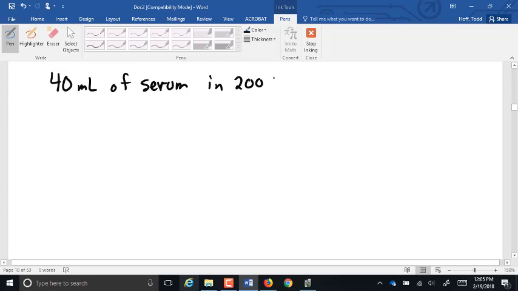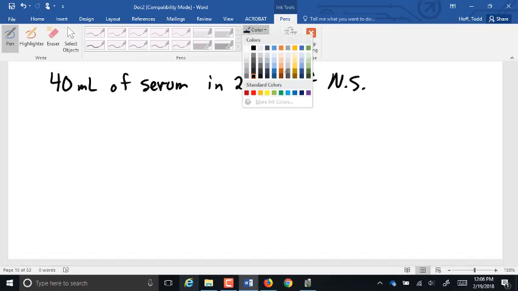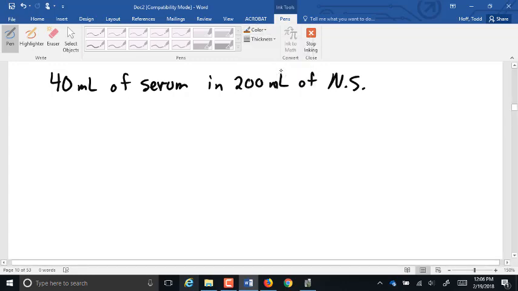So we have 40 milliliters of serum in 200 milliliters of, and remember, NS is our abbreviation for neutral solution or normal saline. So we've put 40 milliliters of serum into 200 milliliters of saline. So the ratio of serum to saline, NS, is 40 milliliters over 200 milliliters.